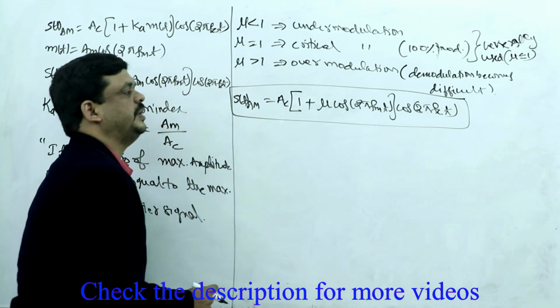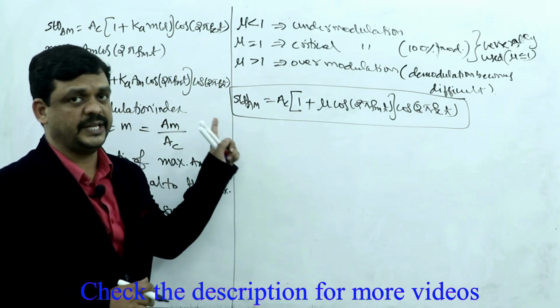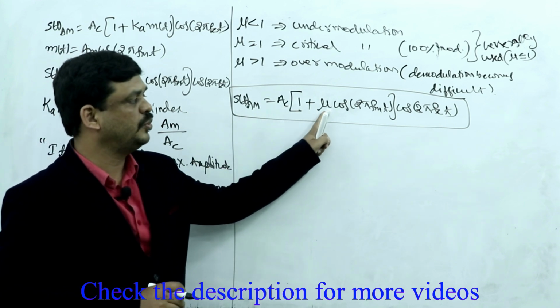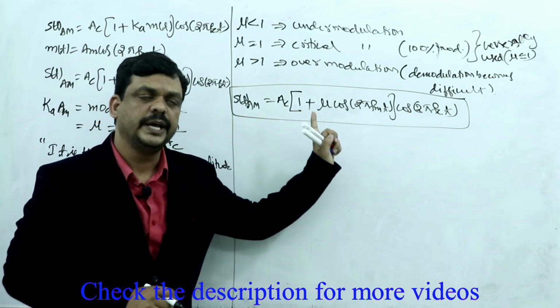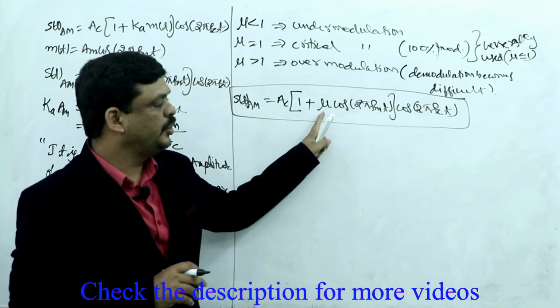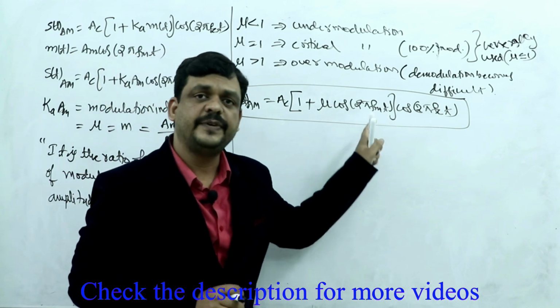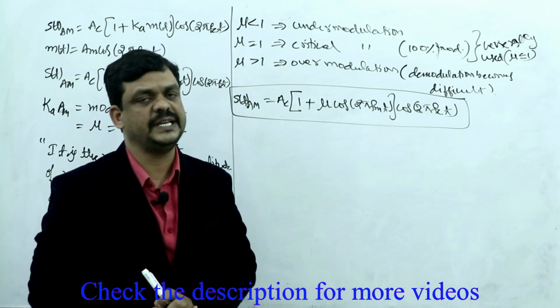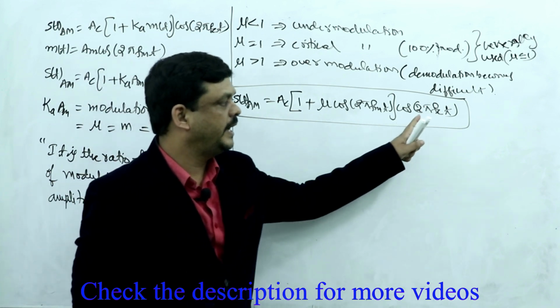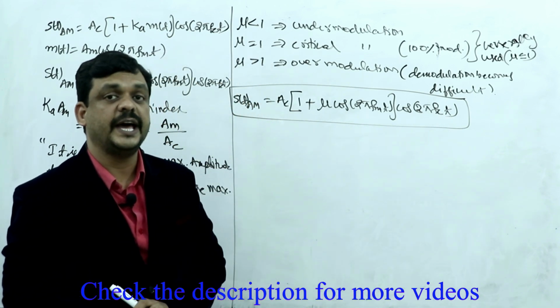Please remember this equation. The single tone AM modulated signal equation is Ac into 1 plus mu cos(2πfmt), into cos(2πfct). In this, mu is the modulation index, fm is the frequency of the modulating signal, and fc is the frequency of the carrier signal.